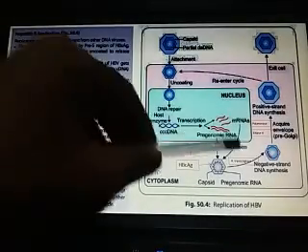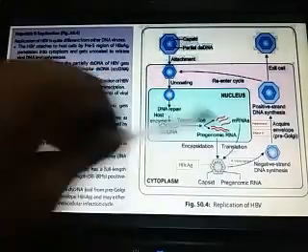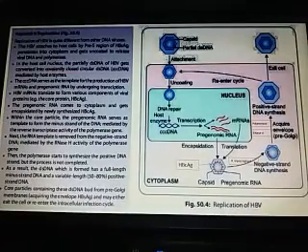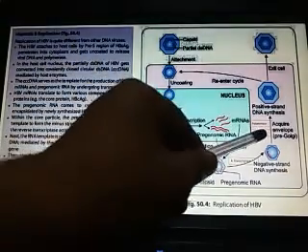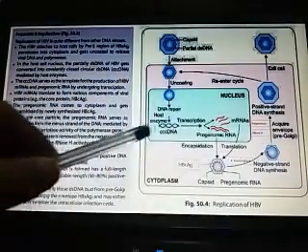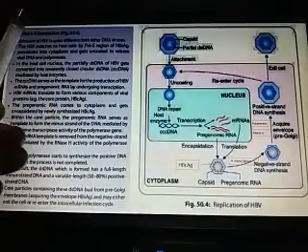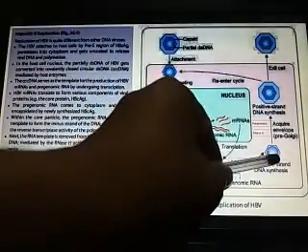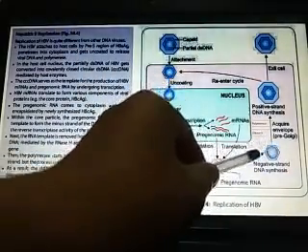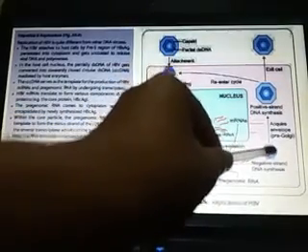And definitely now, what should happen? The RNA should be removed, and that's why the enzyme acts as RNase H. That means it cleaves the RNA from the RNA-DNA substrate and makes the DNA free.